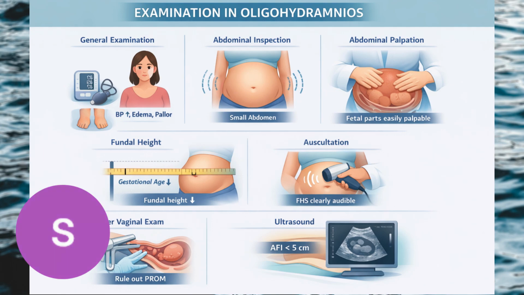On examination, the symphysis fundal height is often less than expected for gestational age. Abdominal palpation may reveal easily palpable fetal parts with reduced liquor. Fetal presentation and lie should be assessed and fetal heart rate monitored. A sterile speculum examination is performed if membrane rupture is suspected.